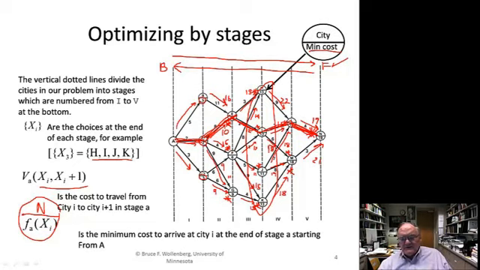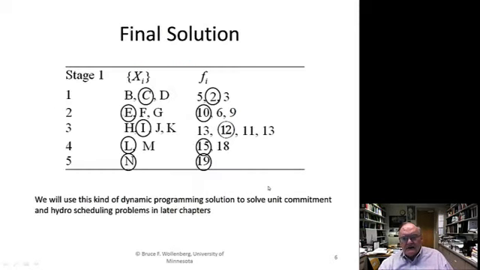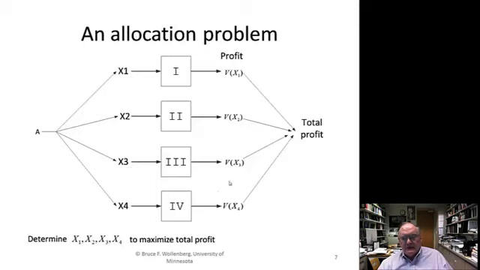That should be the 9, but in any event, so this would be x1 is B, C, D, and x1 is equal to C. And so you can see that mathematically, we go through these steps, and at N we reach the conclusion that the minimum cost is 9, and that we have left pointers along the way that say, well, how do you get back? What's the pointer back to the previous stage?